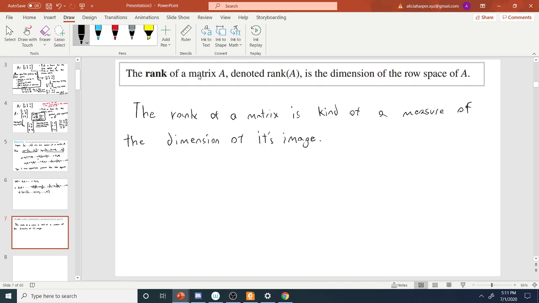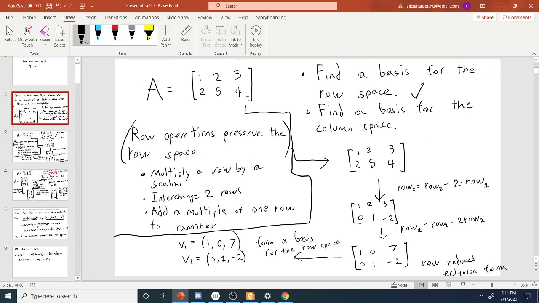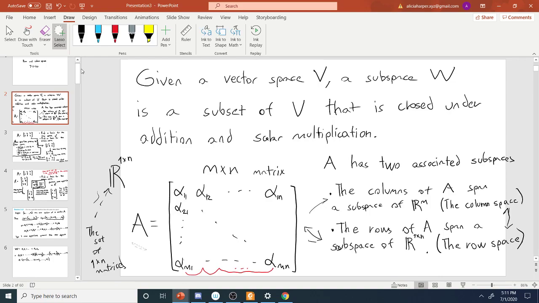So in order to make this more clear, let's think of our matrix. So let me go back up here and take our matrix. We have a matrix A. It's an m by n matrix.